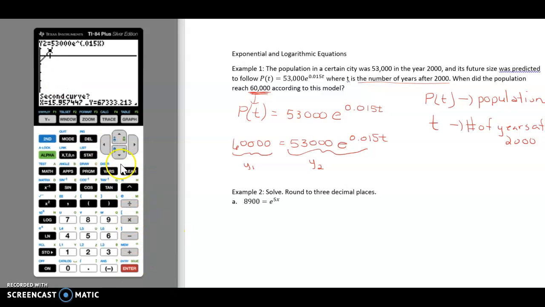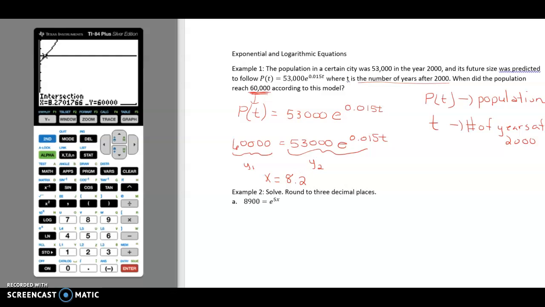It's going to jump up to the second curve. Here you probably don't need the cursor, it's pretty close. Press enter again, and press enter again. And so you get that x is equal to 8.2, right? That's the x value that we get, 8.2.